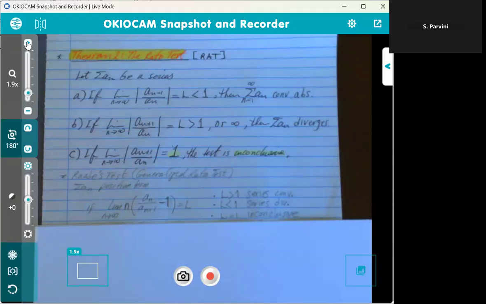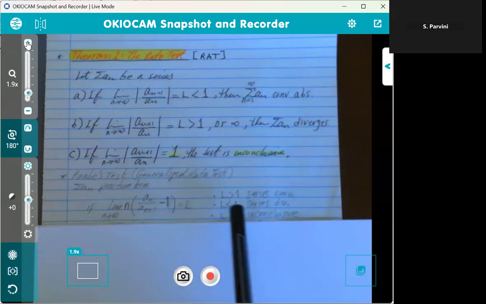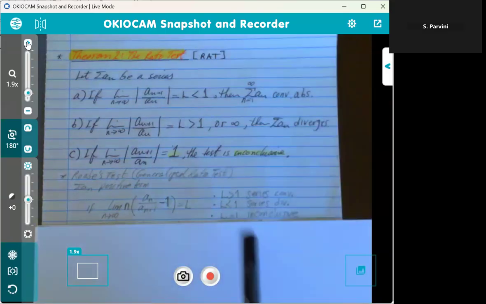Now, what's interesting about this one is that L greater than 1 here is equivalent to L less than 1 in the ratio test. See that one? This one right here, L less than 1 converges. For this one, L greater than 1 converges. So there you go. This is an alternative. This happens if the ratio test is inconclusive. You can use this test.